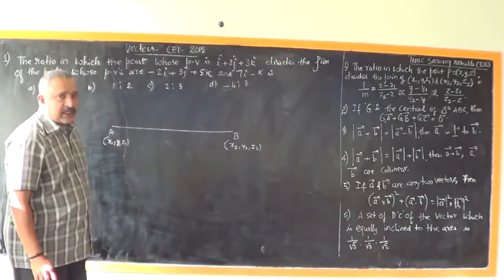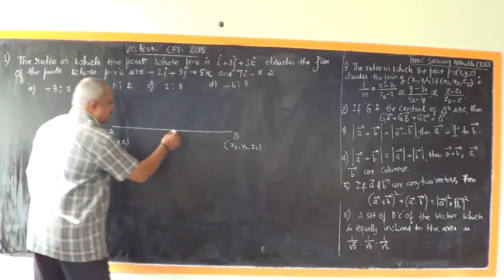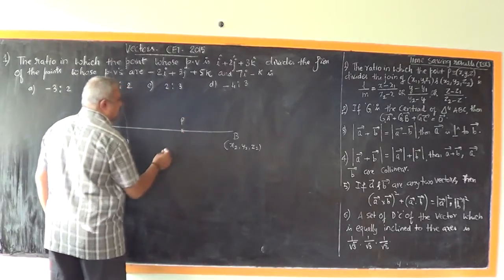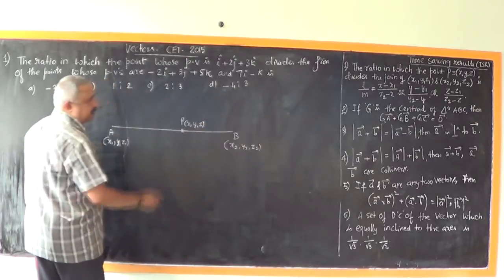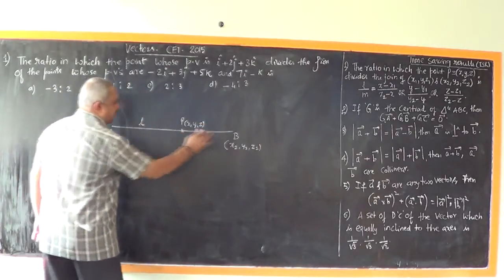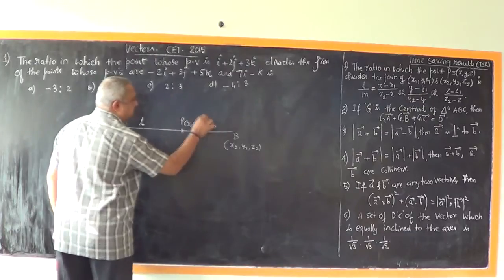Now P is another point, let's say P has coordinates (x, y, z), and it is dividing the line joining AB in the ratio L is to M.